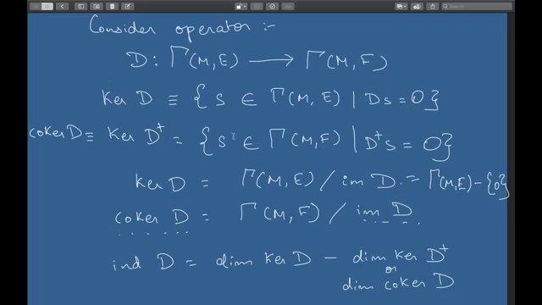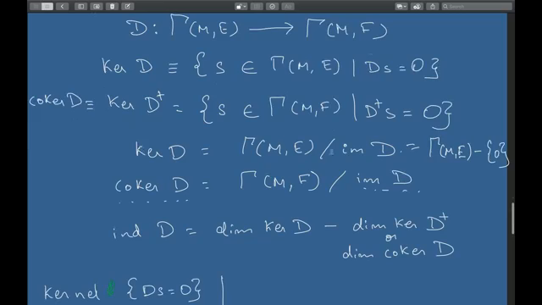But it is essentially some sort of opposite. So the kernel and the co-kernel are some sort of opposites of the same operation. Then you have this definition, right?